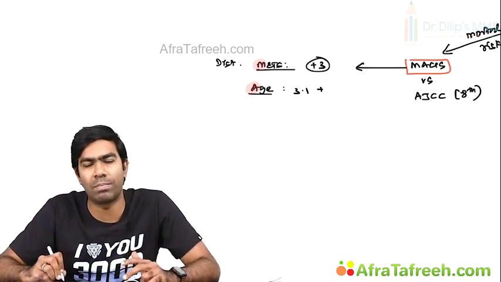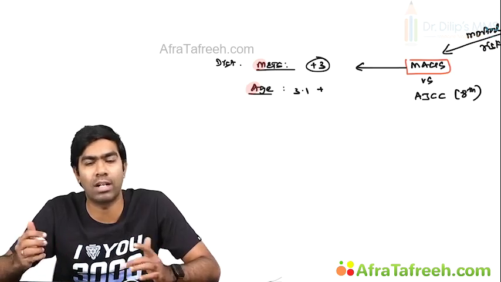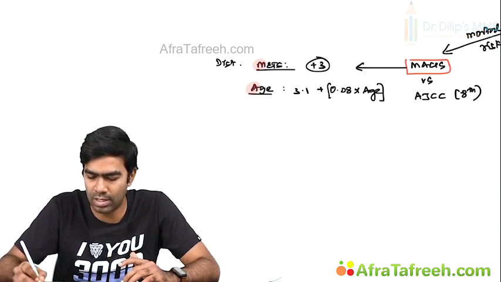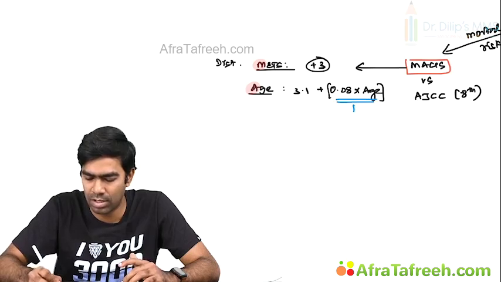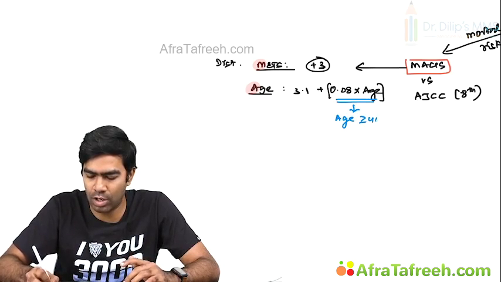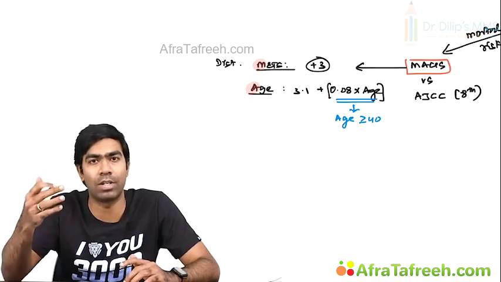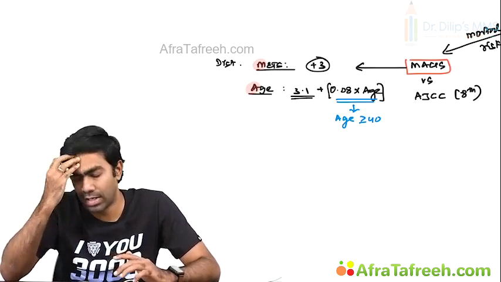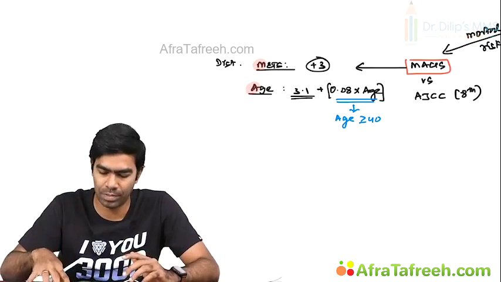Plus, if the patient is 40 and above, you have to give an additional correction by multiplying 0.08 into age. Apart from this 3.1, you have to add this additional correction part if the patient's age is 40 and above.